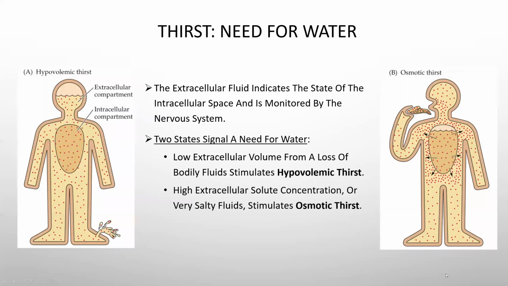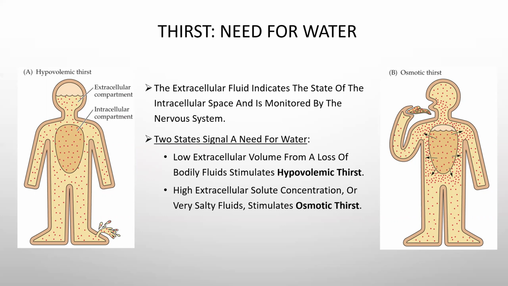Okay, on the left-hand side here, you see a little figure, and it says at the top, hypovolemic thirst. Okay, so low extracellular volume from a loss of bodily fluids stimulates hypovolemic thirst. Okay, on the right side, you have a figure, and it says osmotic thirst. So high extracellular solute concentration or very salty fluids stimulate osmotic thirst.